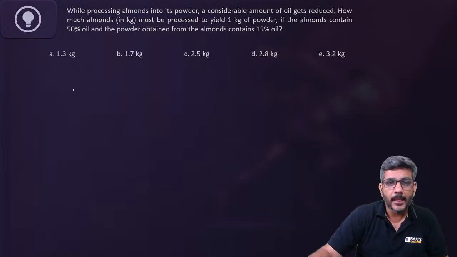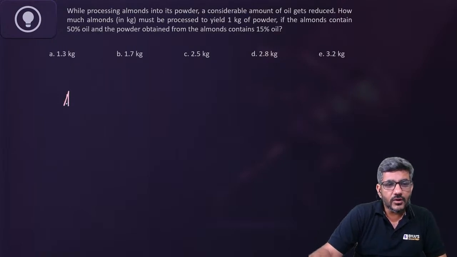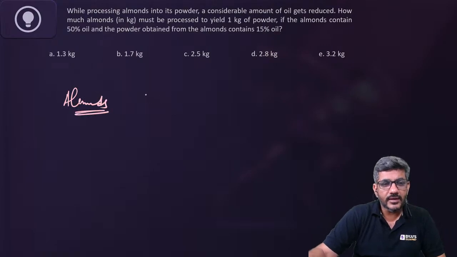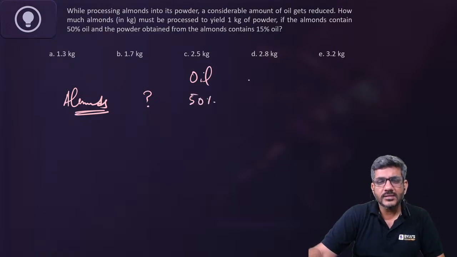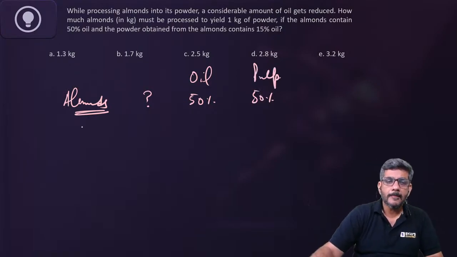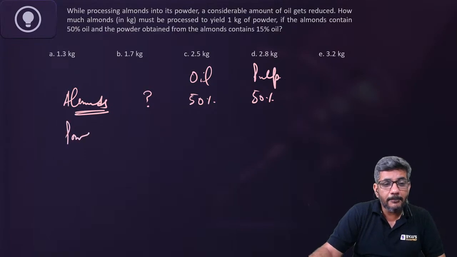ध्यान से सुनिएगा. Okay. So when I talk about almonds first, their total quantity we have to figure out. But how much oil do they have? They have 50% oil. So the other 50% is, let's say, the pulp of the almonds. Then we want to make a powder out of them.